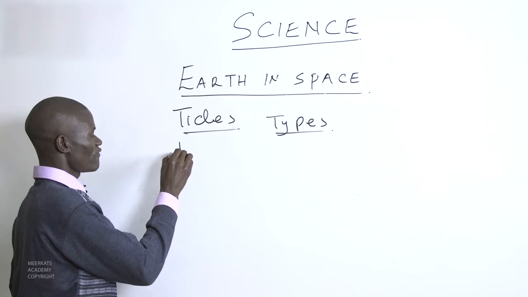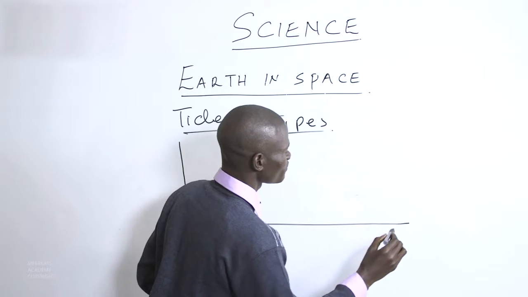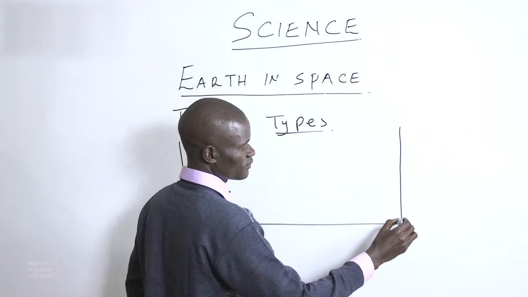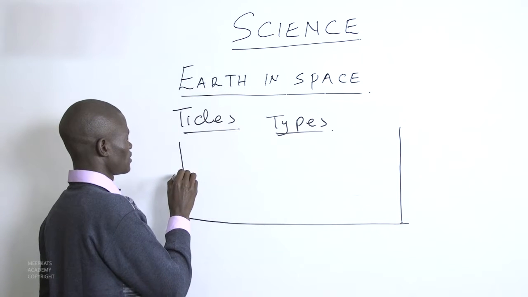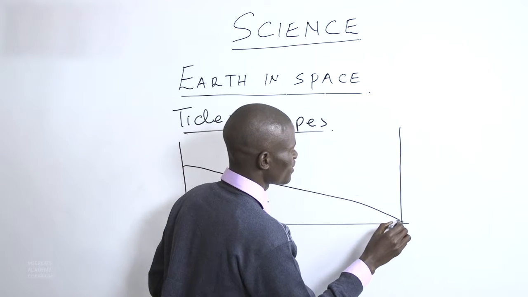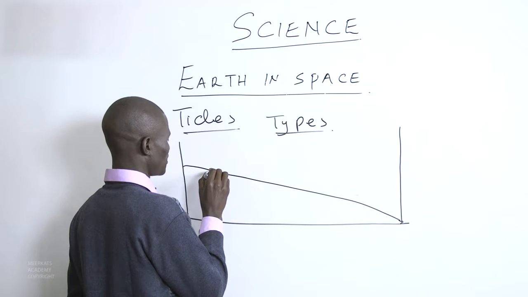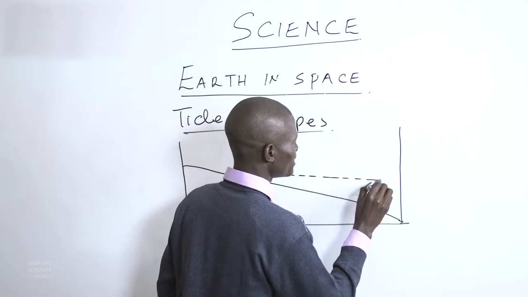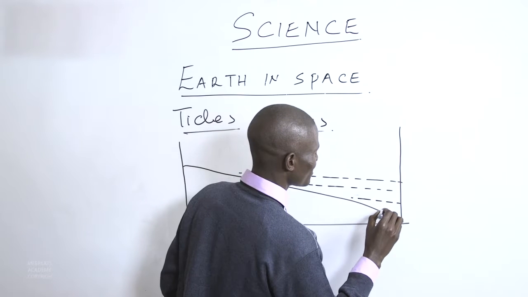We can have a water body in this manner. This one is representing the land, and then this is the water body. It can be the ocean or the sea.